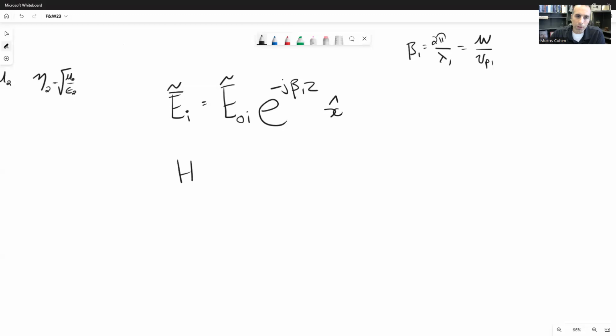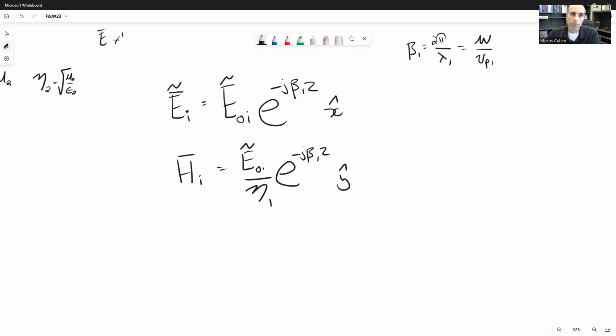Now, the magnetic field is always really simple. It's always just the electric field divided by eta. So I'm going to just put down an E0I here and just divide it by an eta 1. And we're going to keep the same e to the minus j beta 1 z, and it's going to be pointed in the positive y direction, because we know that E cross H has to equal the direction of propagation, right?